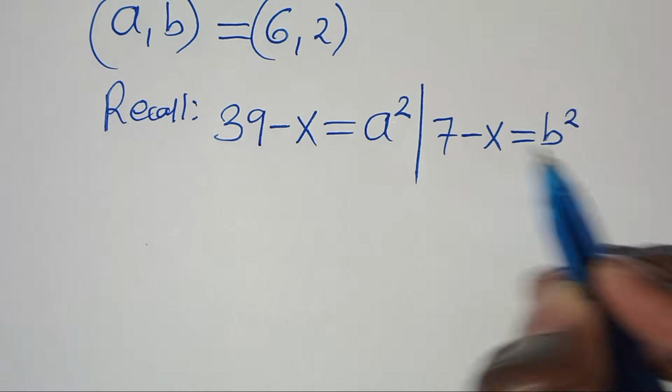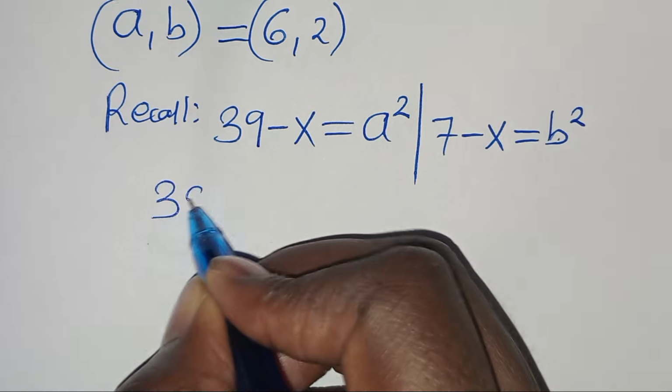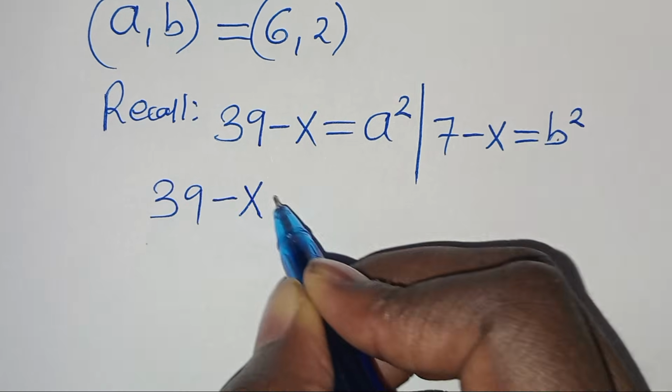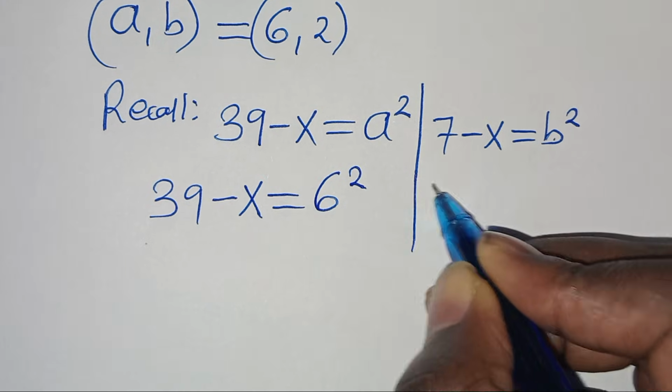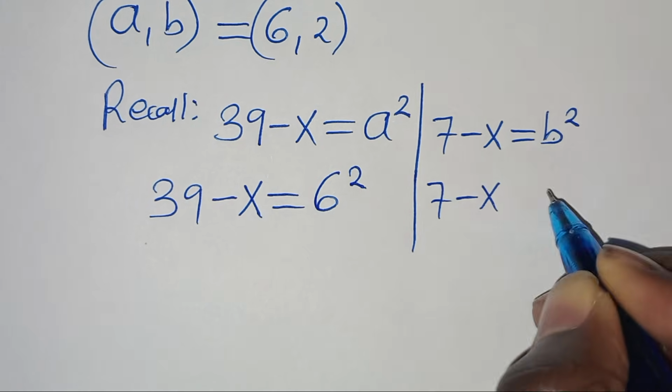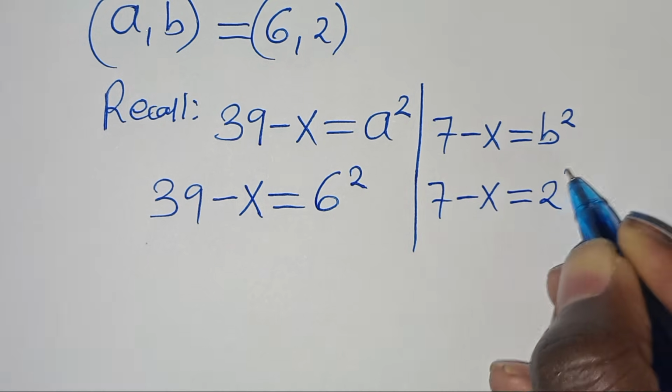So substituting a and b, we have 39 minus x is equal to 6 to the power of 2, and here we have 7 minus x is equal to 2 to the power of 2.